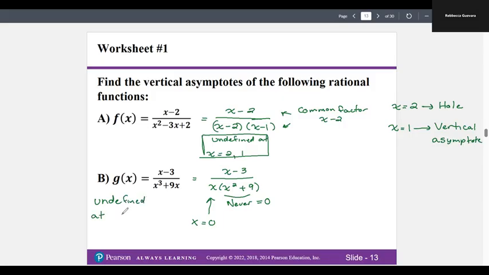We're only undefined at x equals 0. So if we look, we have no common factors. So that one place that I'm undefined is my vertical asymptote. So we have that x equals 0 is a vertical asymptote.